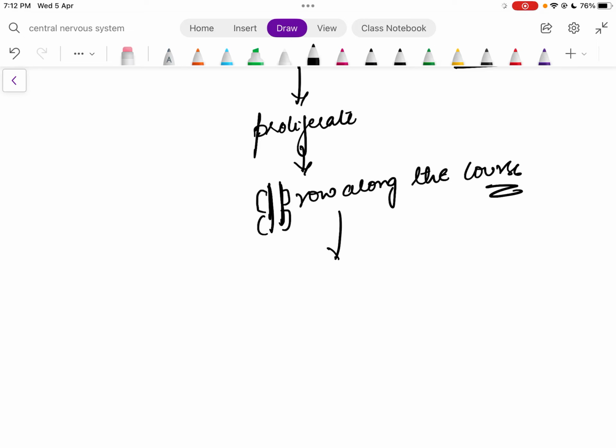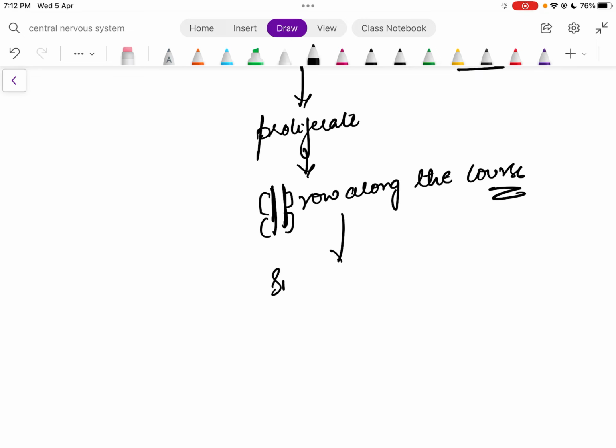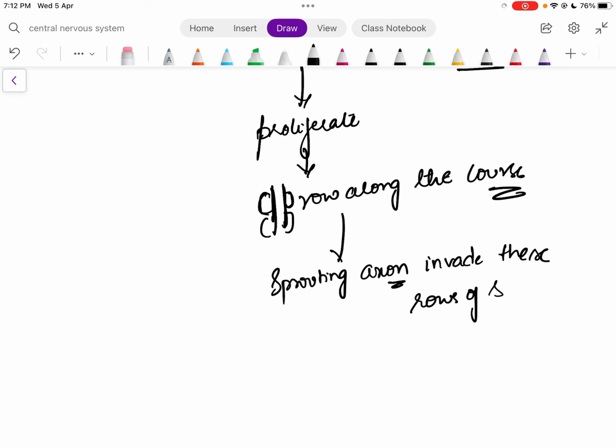And by forming a row along the course, the sprouting axon from the proximal neuron will invade these rows of Schwann cells.